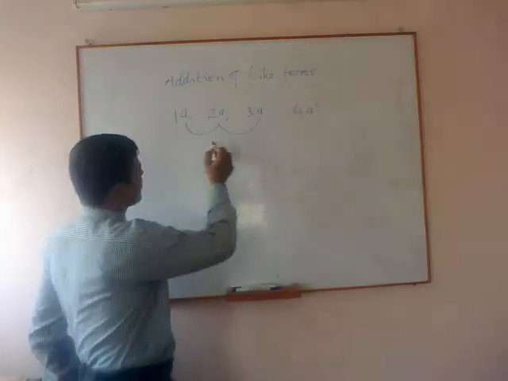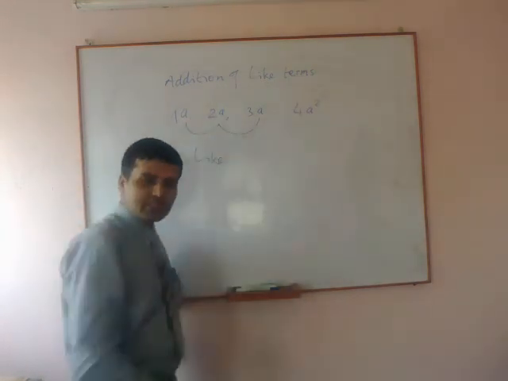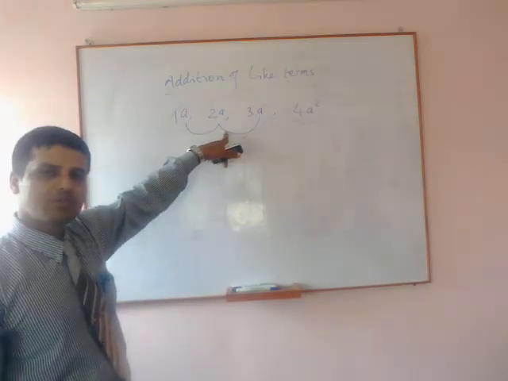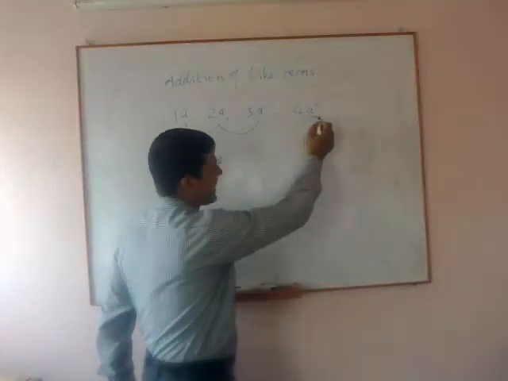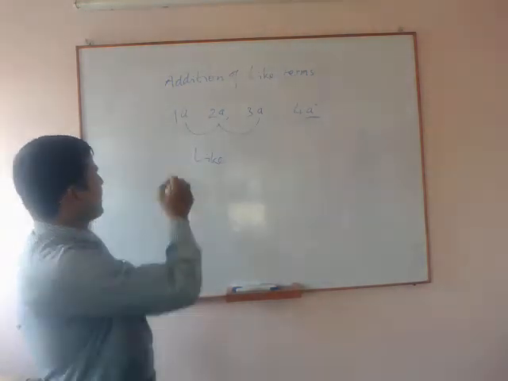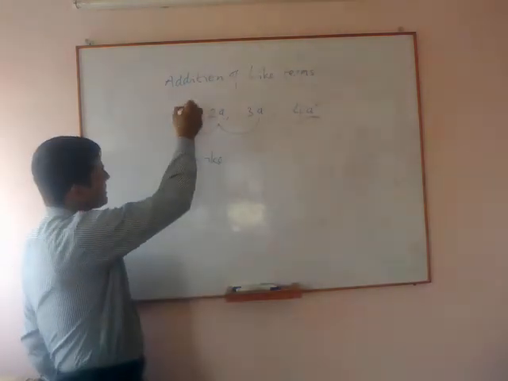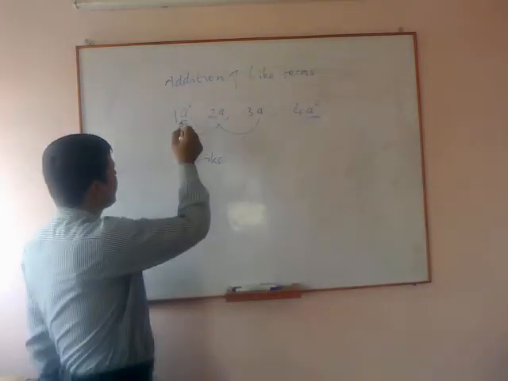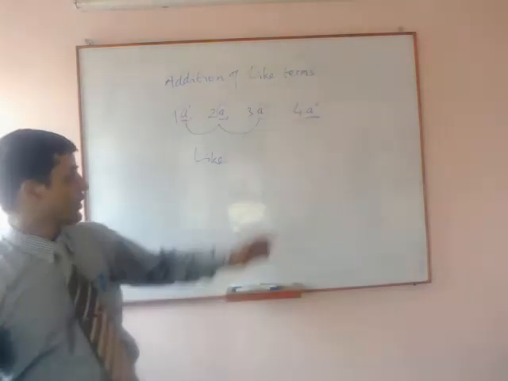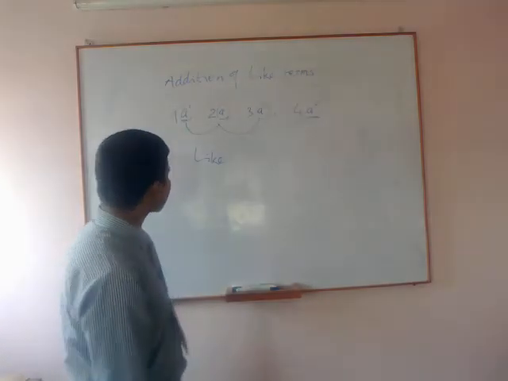So these three terms are like terms, and 4a square is unlike with respect to these three terms because this term has a square. In order to be like terms, the variable, the base and the respective power must be the same. Here a to the power 1, a to the power 1, a to the power 1, all the same, but there a to the power 2, that is a square, so that is unlike.